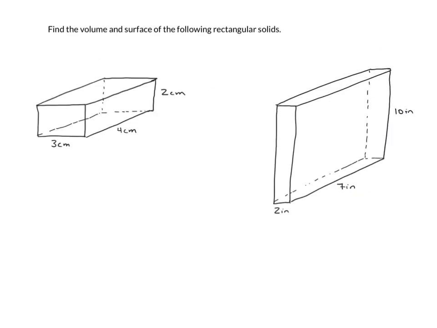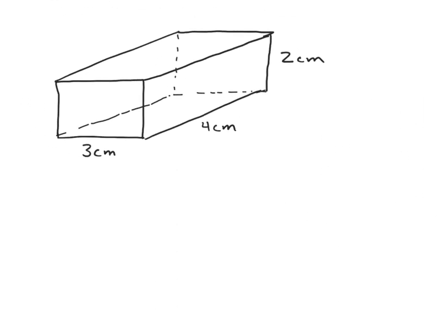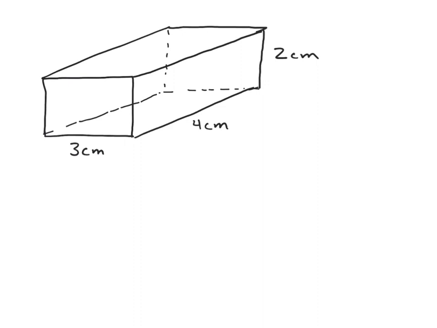All right, so let's go ahead and look at some examples. We're going to start off with our box. The first one we have is a box that measures 3 by 4 by 2 centimeters. So let's start with volume.